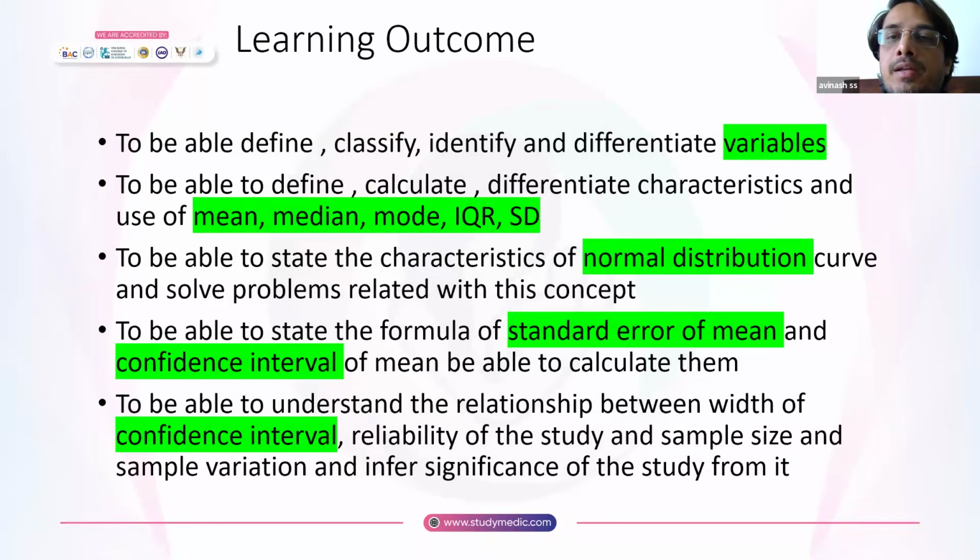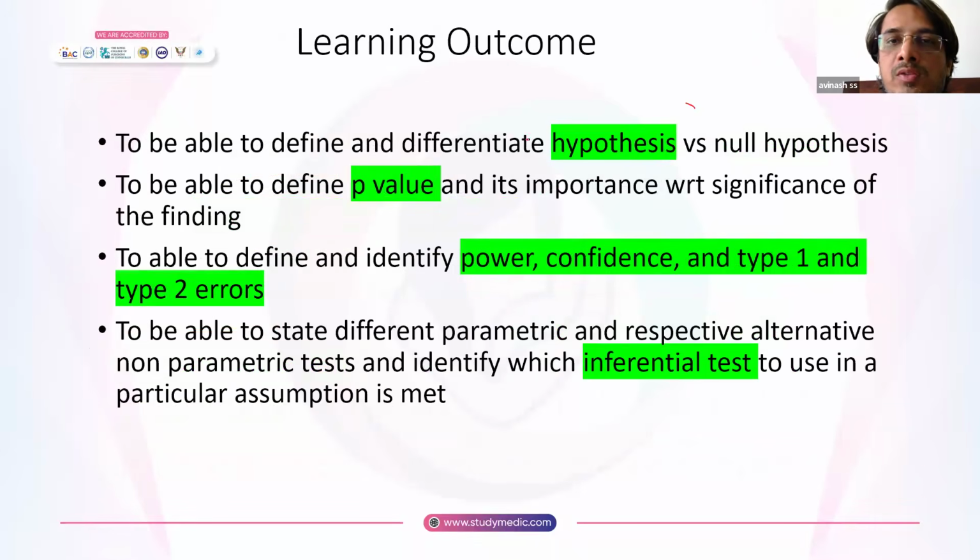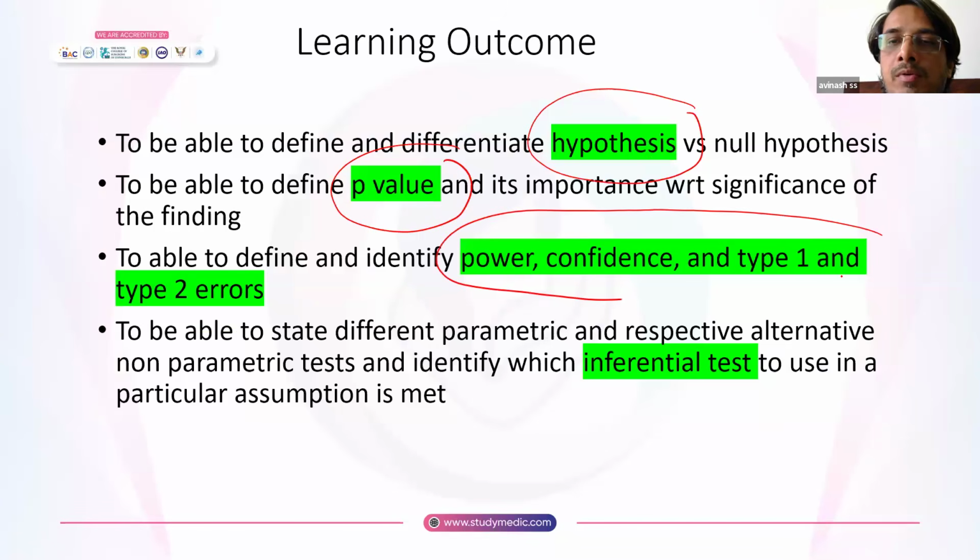Since it's Part 2, we'll discuss briefly variables, and also have an overlook on measures of central tendency, that is mean, median, mode, etc., and the characteristics of the normal distribution curve, and how to calculate the confidence interval, what is the standard error of mean, and then we'll have a detailed look on hypothesis testing, p-value, types of errors, and power, and also which inferential tests to choose and when.